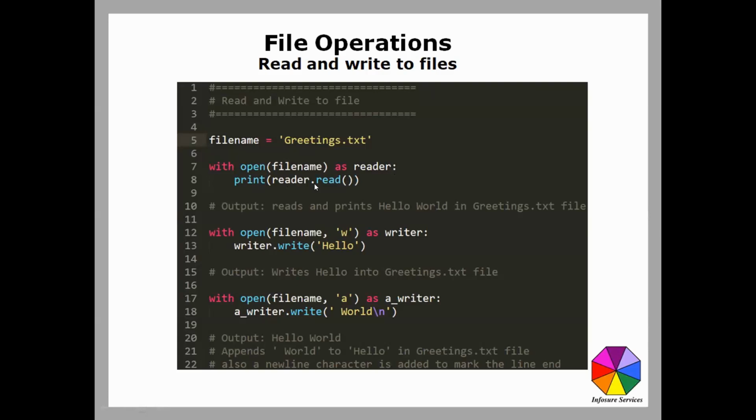With open file name as reader, colon, and on the next line you print reader dot read, a built-in function. Built-in functions exist inside various variables. There are open and close brackets after read, and that will print the whole file.